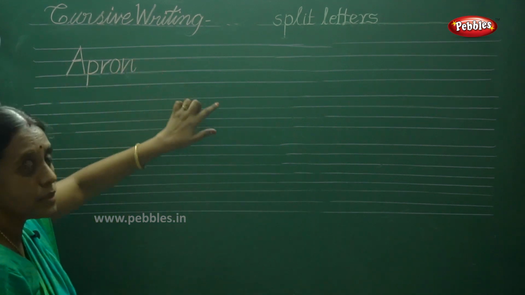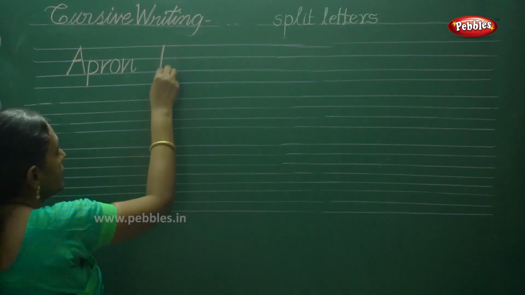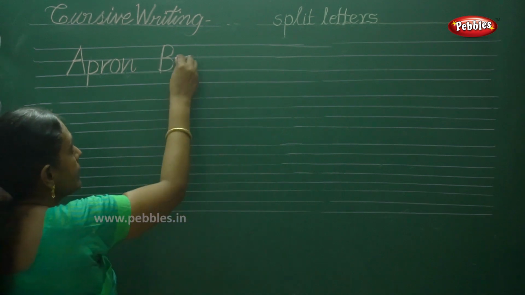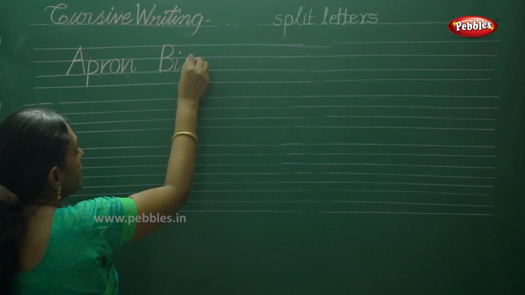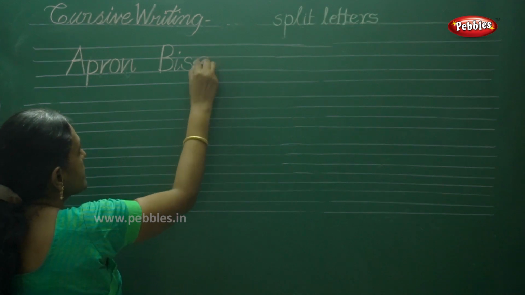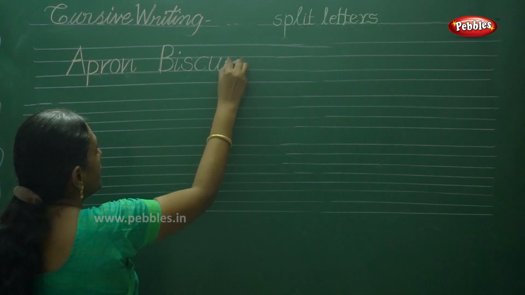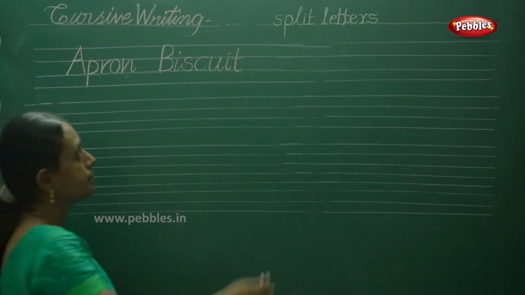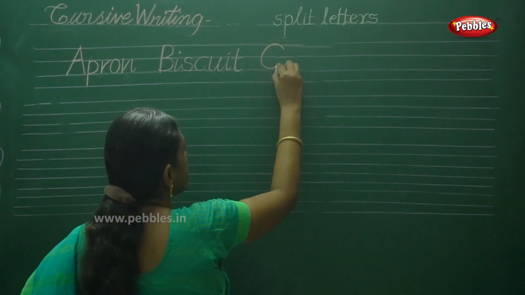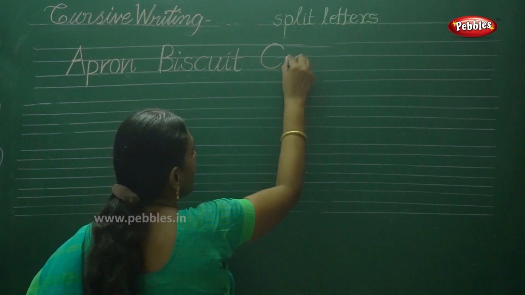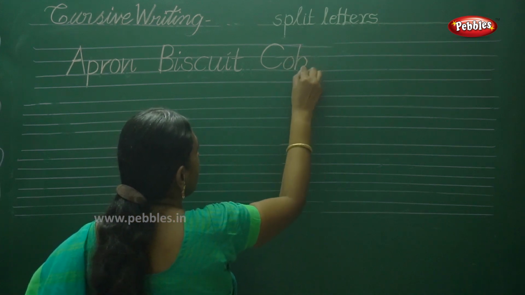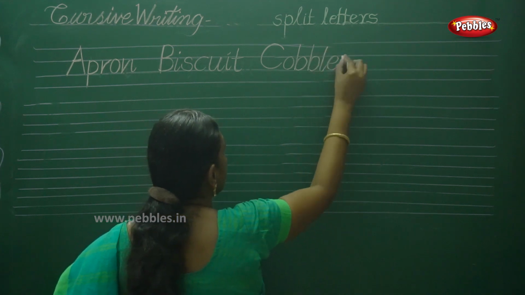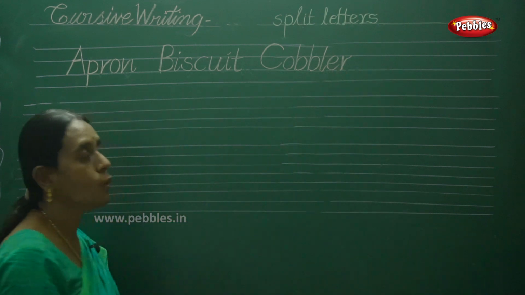Okay, that is starting with a capital letter, any capital letter. So while you are writing one word, for example biscuit, put capital B and I, S, C, U, I and T, biscuit. Okay, then C, cobbler, C O B B L E R, cobbler.